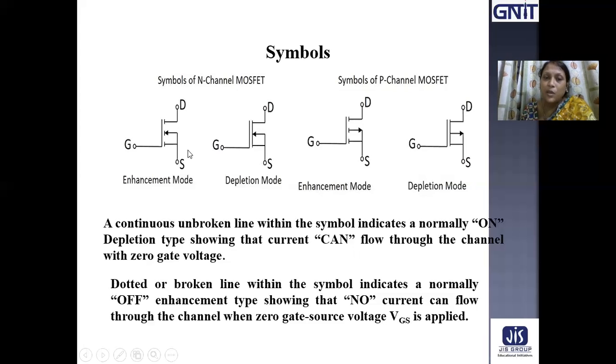Why? Because in depletion mode MOSFET, a diffused channel between the drain and source terminal is already there at the time of fabrication. So the channel is continuous. Already there is a fabricated channel between source and drain.